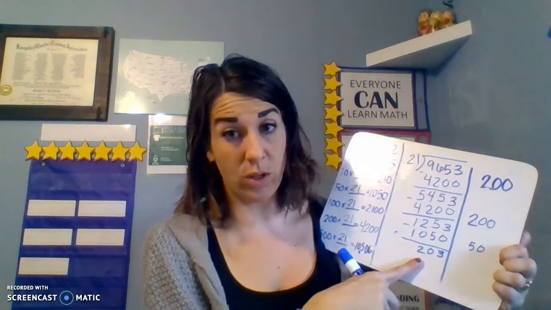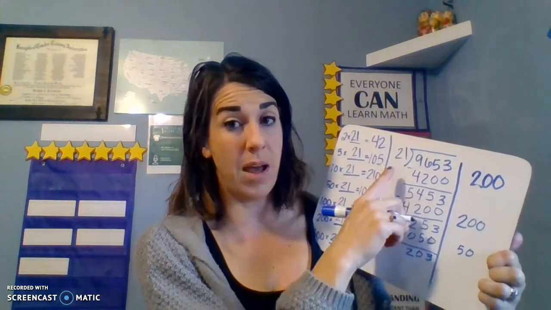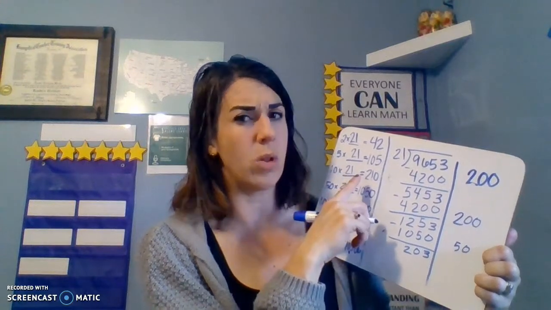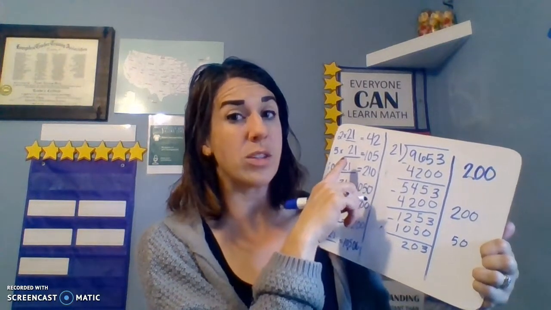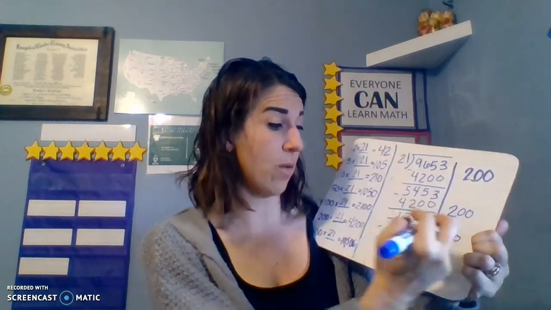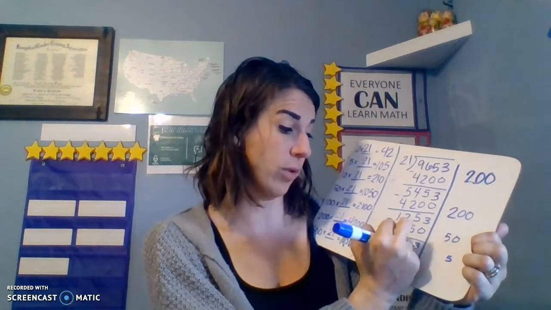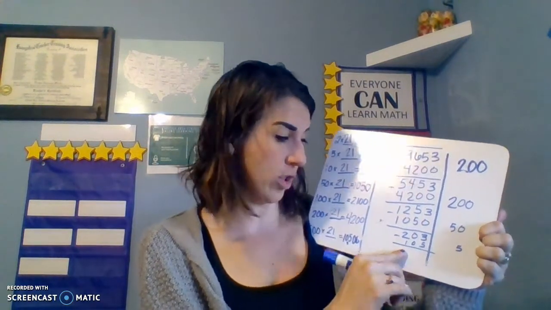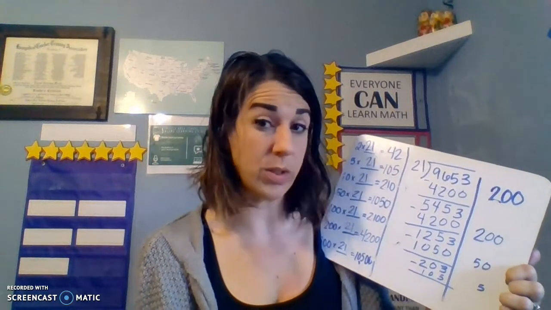And now I have 203. Again, I'm going to come back over to my multiples list. I'm going to see that 210 is so close, but not quite. So I'm actually going to be able to take a group of 5. So I'm going to put 5 over here, and I'm going to take away 105 from what I had left over, which was 203.